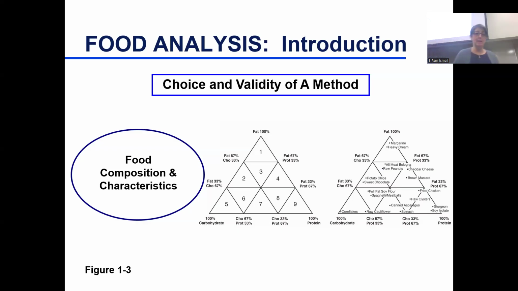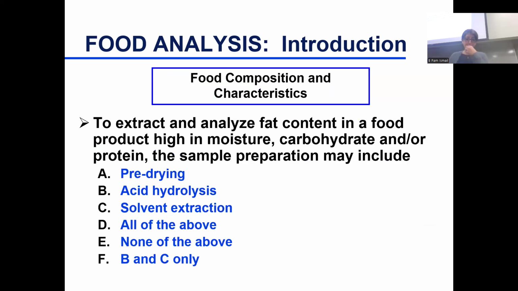And I'll give you an example in a little bit that kind of explains this. So when we cover the fat analysis chapter, we're going to learn about two major methods. And there will be sample prep associated with each of these methods based on the composition of the sample.